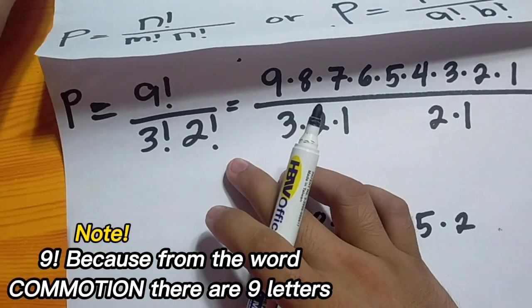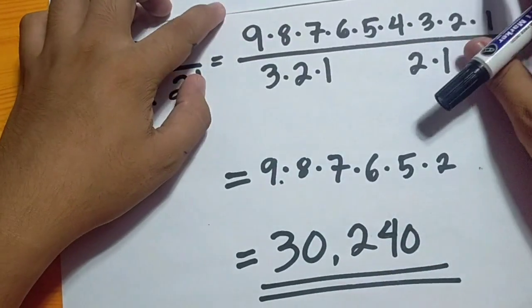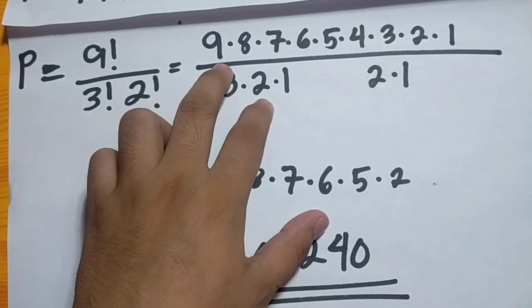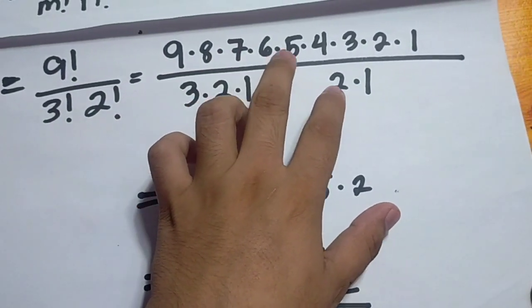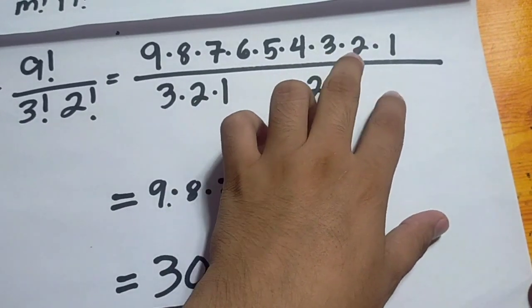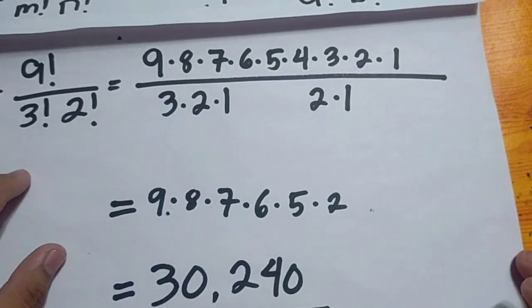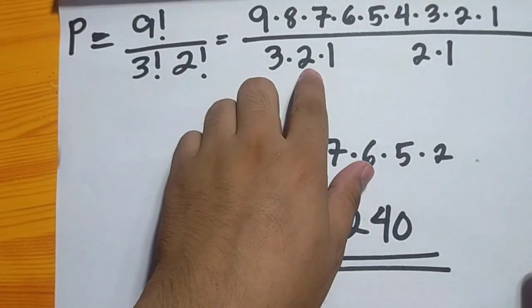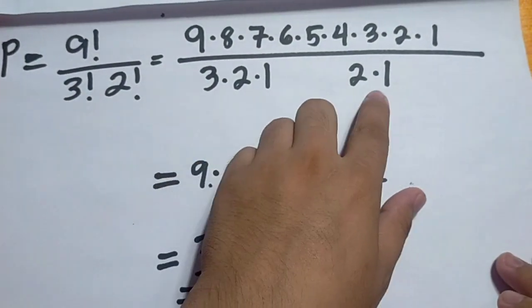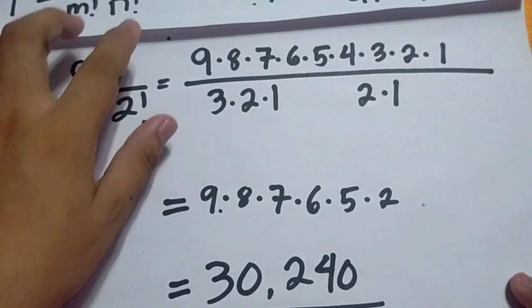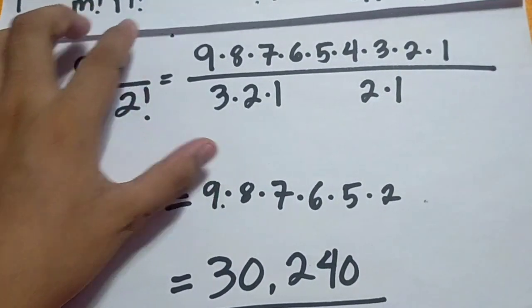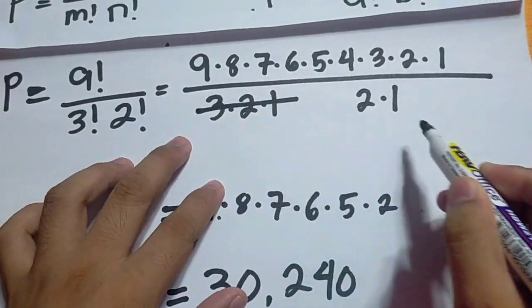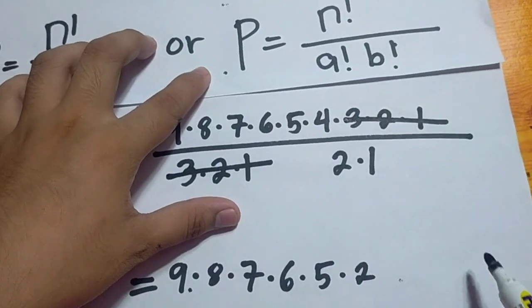So, 2 factorial. So, we expand 9 factorial: 9 times 8 times 7 times 6 times 5 times 4 times 3 times 2 times 1. Let's copy the 3 factorial: 3 times 2 times 1, and 2 times 1. So, the first thing we will do is cancel out the denominator 3 times 2 times 1. Cancel and then cancel.